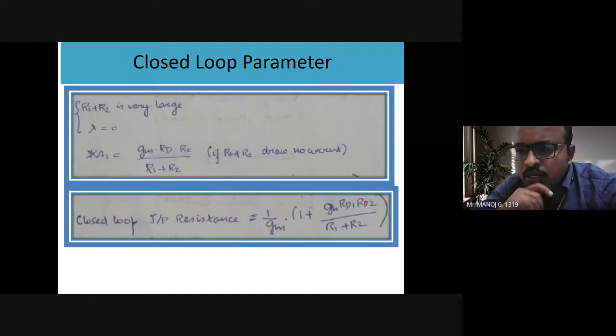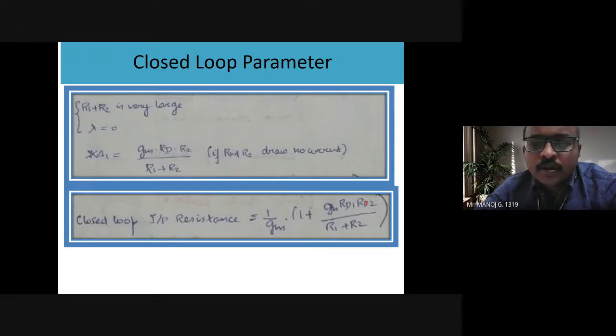Gm into RD into R2. That's it, it's R2 only. So here you can see the source produces the light pulses. That light pulse is propagated. All of you got it? The light pulses are converted into an electrical signal. Is it right? Okay, fine.